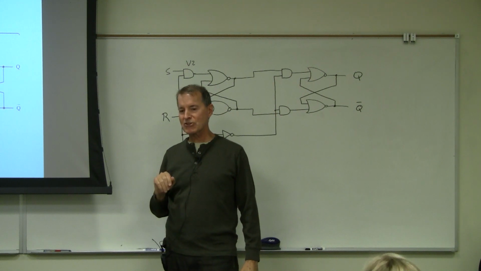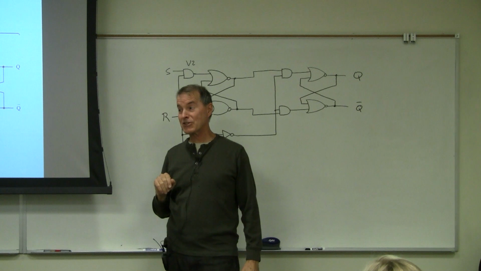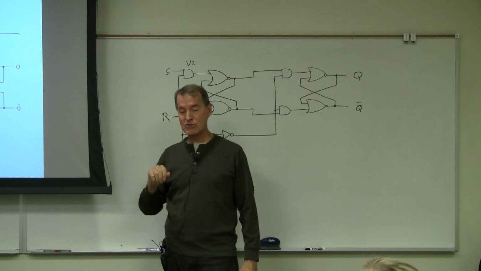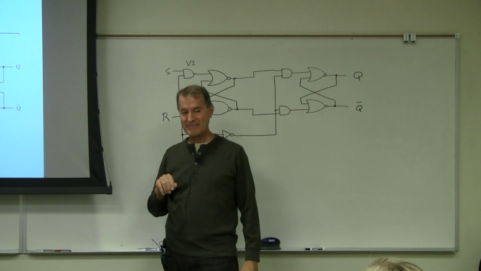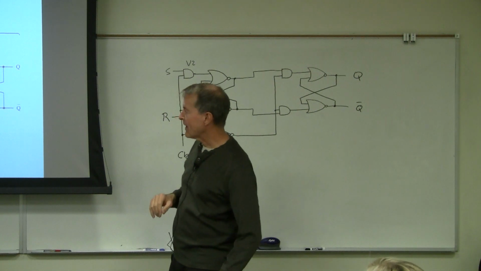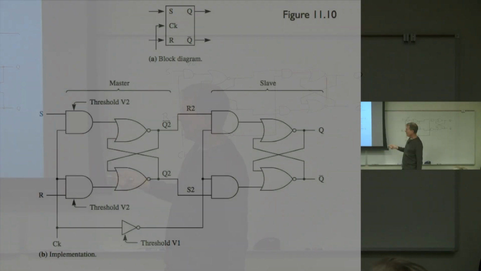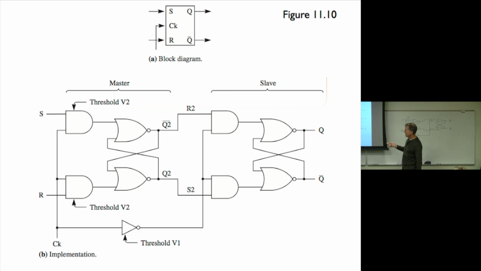And guess what the electrical engineers can do for us? They can design that threshold to be whatever they want. And so one additional factor that makes this work is these two enable AND gates of the master are designed with a threshold V2, which is not just halfway in between.